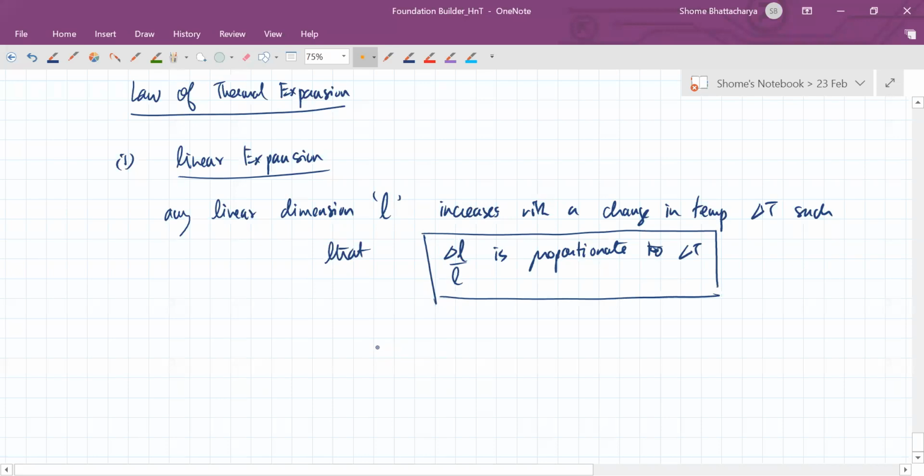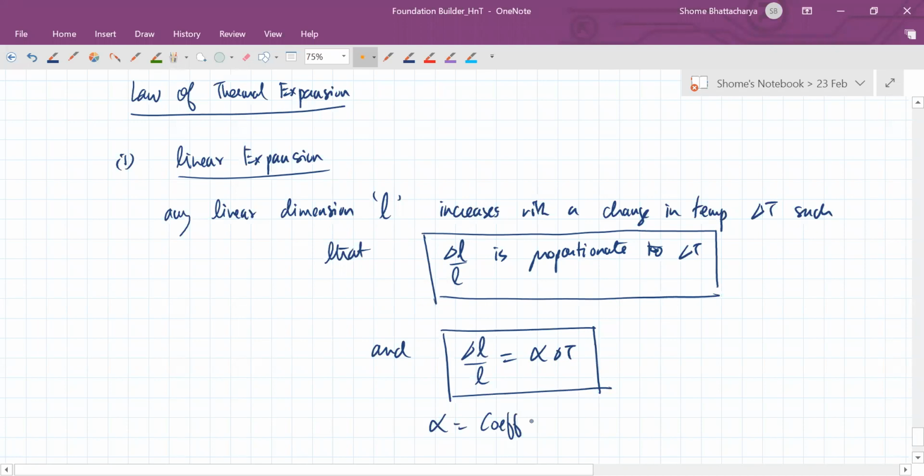And the constant of proportionality is given a special name, and it is called the coefficient of linear expansion. So alpha over here is called the coefficient of linear expansion.